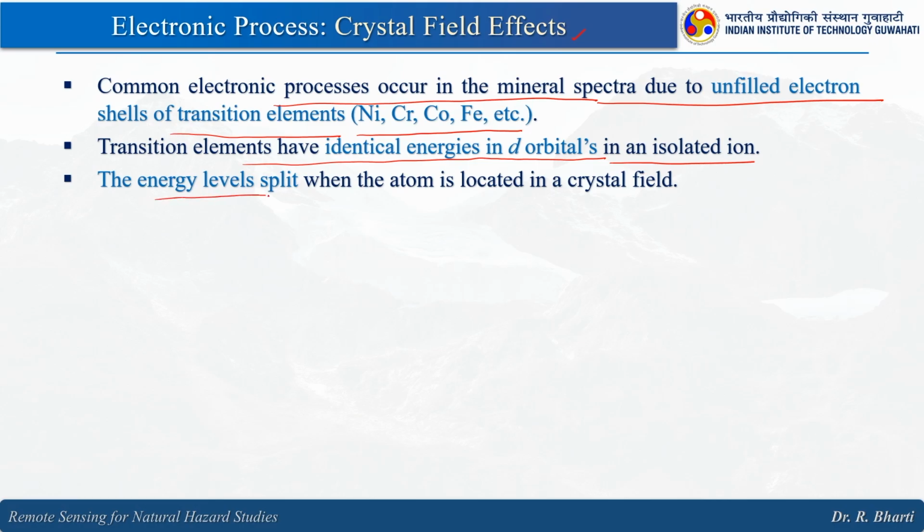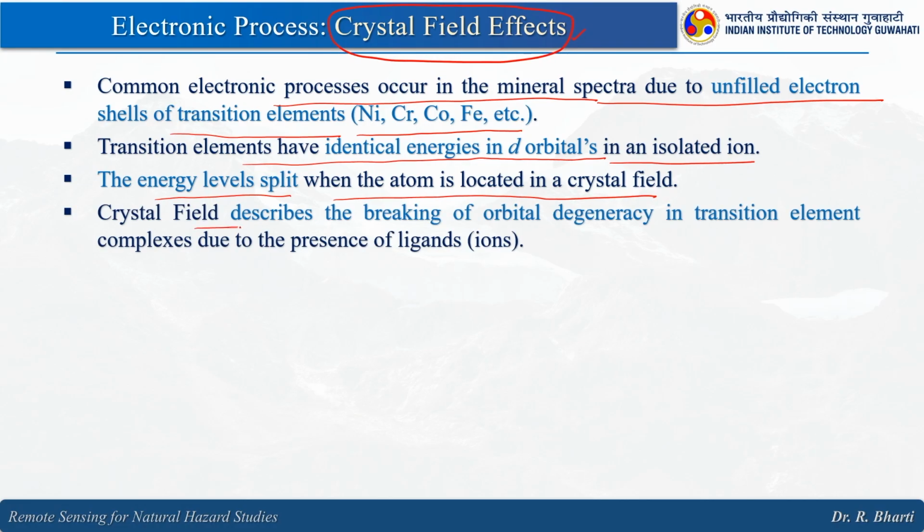The energy level is split when the atom is located in a crystal field. That is why we call it the crystal field effect. Crystal field describes the breaking of orbital degeneracy in transition element complexes due to the presence of ligands or ions, right.